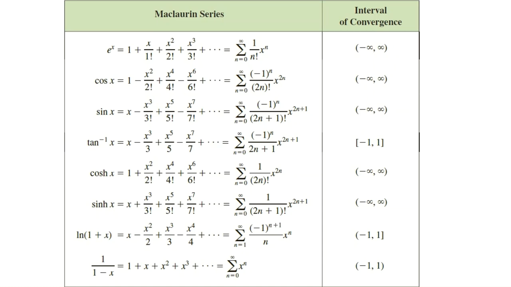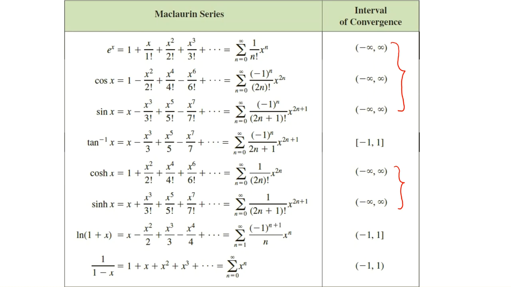For example, the exponential function, sine and cosine functions all converge everywhere. The hyperbolic sine and cosine functions also converge everywhere. Those are very useful, and interestingly they converge everywhere. That makes our life much easier.